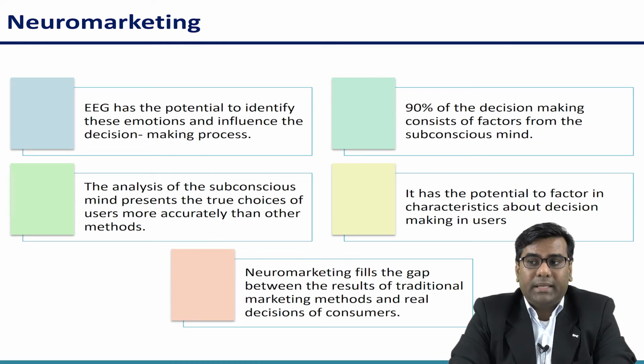The analysis of the subconscious mind presents the true choices of users more accurately than other methods. So it has the potential to factor in the characteristics of decision making in users. Neuromarketing fills the gap between the results of traditional marketing methods and the real decisions of consumers.